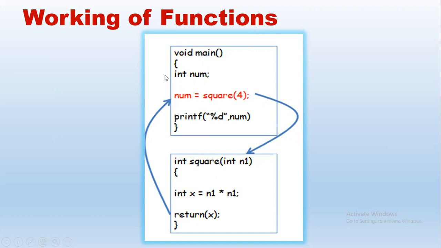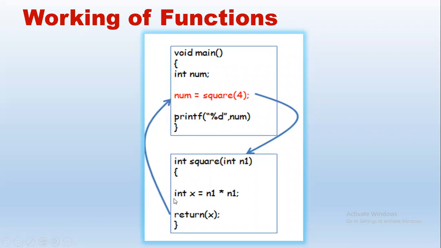So the prototype is necessary. If we are writing it before main, there is no need to give the prototype separately again. Because we are defining the function after main, the function declaration line, the prototype, has to be given again: int square(int n1);. So this line will be given 2 times if the function is defined after main.